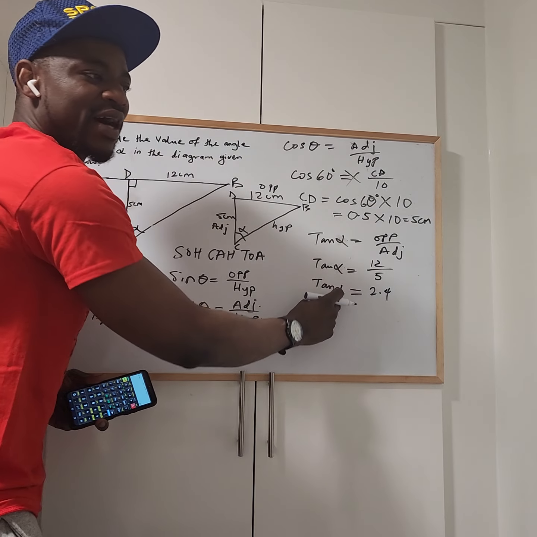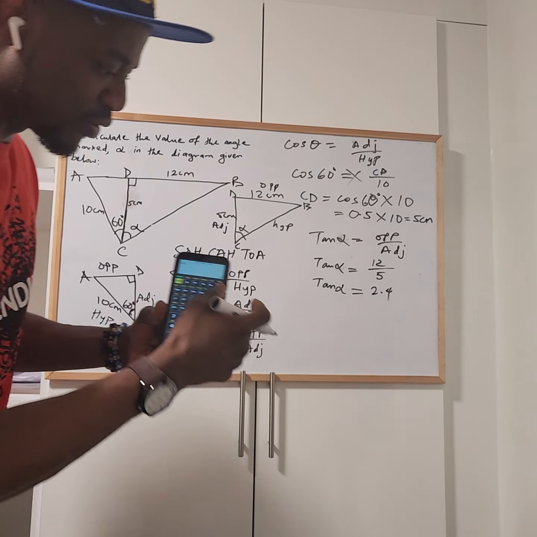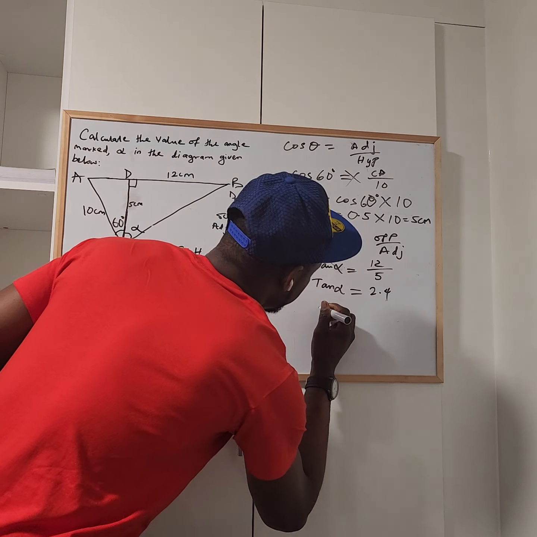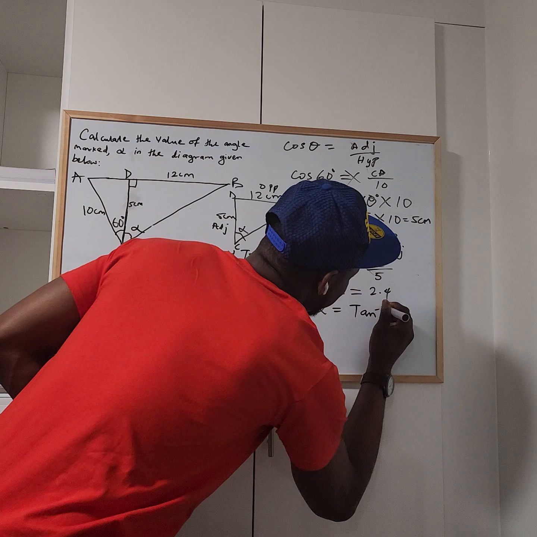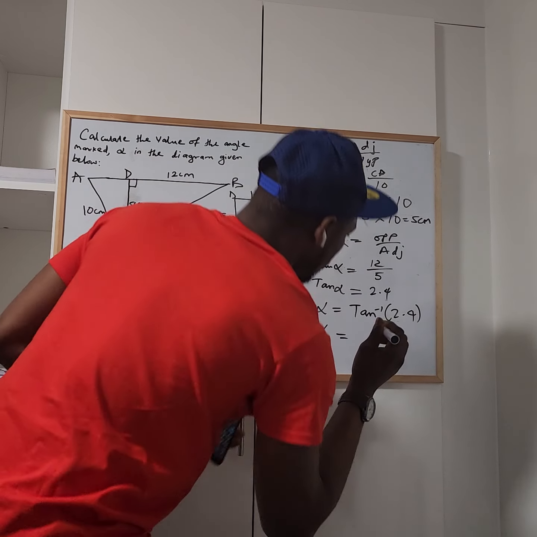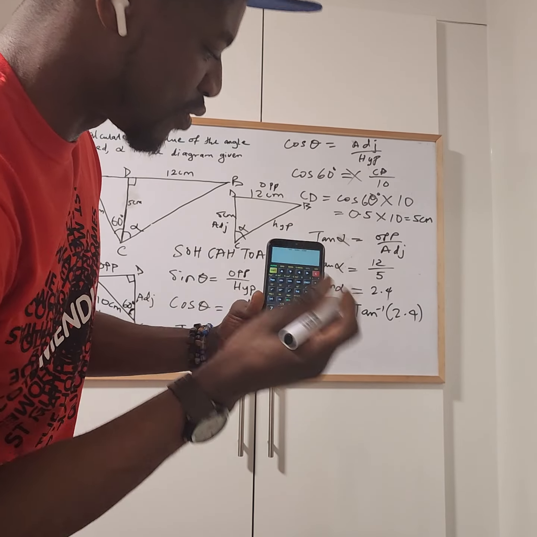How do we find our alpha? Take your calculator. Let me show you what you have to do. But before you do that, we have that alpha equals tan inverse 2.4. How do you get tan inverse? This is my calculator now.